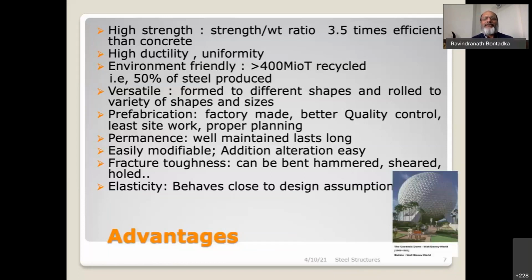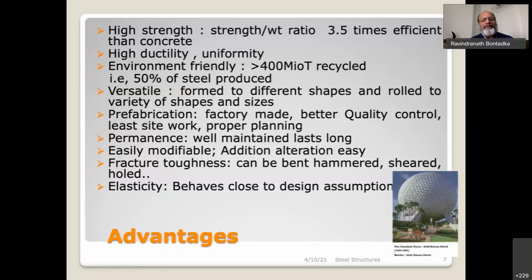So it gives you better quality control, least site work, and you can have proper planning of the whole project, where you can achieve your project completion within a stipulated time. So we don't have to depend on various other factors.